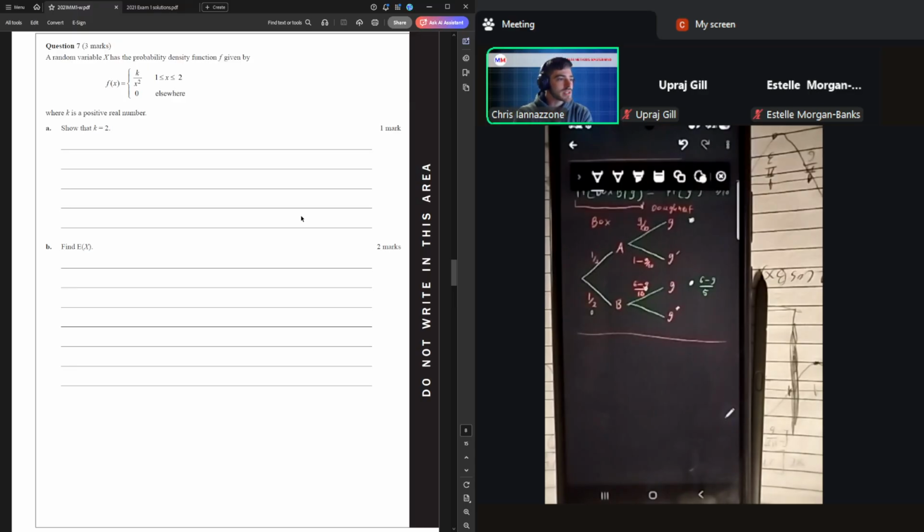We're told we have a random variable that's described by a piecewise function. Proving that K equals 2 is solved the same way every time.